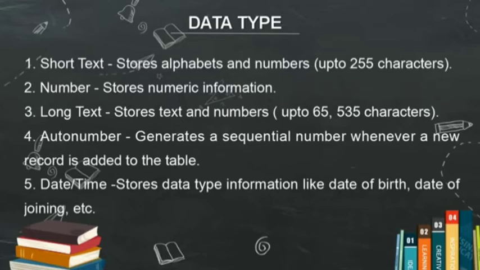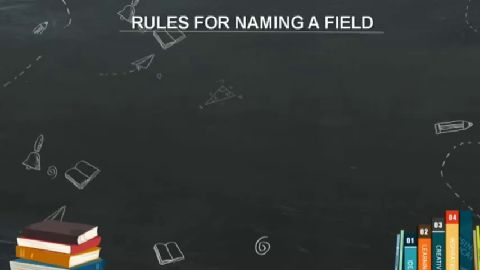Now that we know that we should create fields before data entry in a table, and a table has multiple fields and each field name is unique to a table, we have rules for naming these fields.